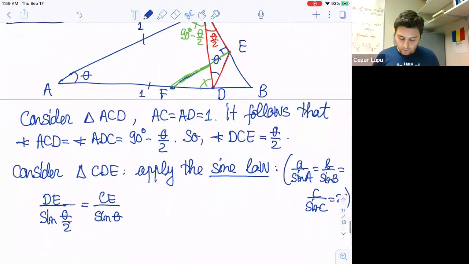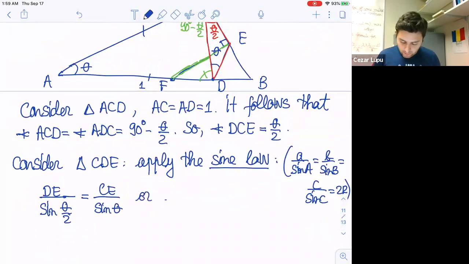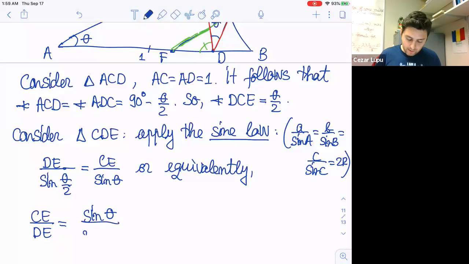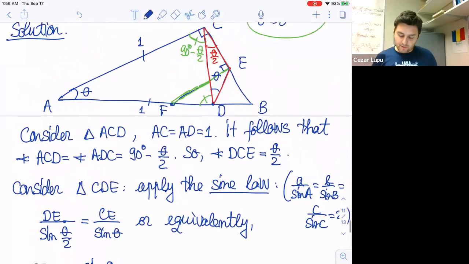Or equivalently, CE over DE will be equal to sine of theta over sine of theta over 2. Okay. All right. So we have some information.